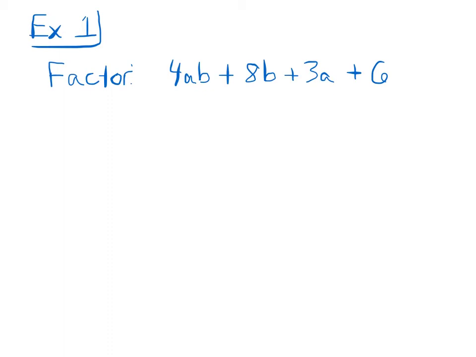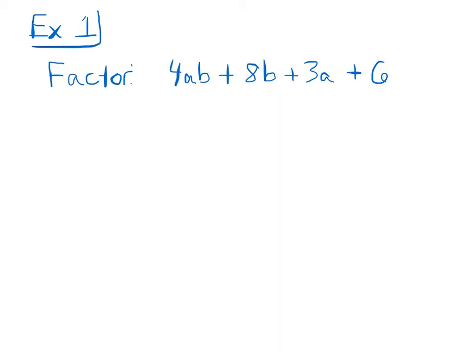Okay, so here's the problem. The first thing that you should always do with these is look and see if there's a GCF of the entire thing. So if we look at 4, 8, 3, and 6, is there a greatest common factor of all 4 of those numbers? And the answer is no. I mean, if you look at 3, okay, 3 is a prime number.